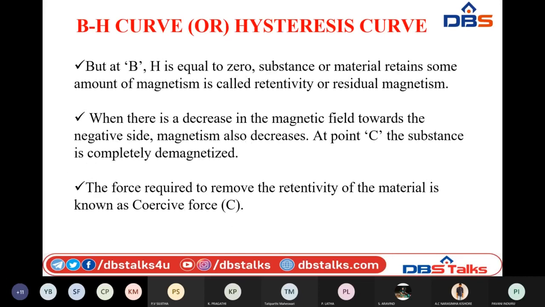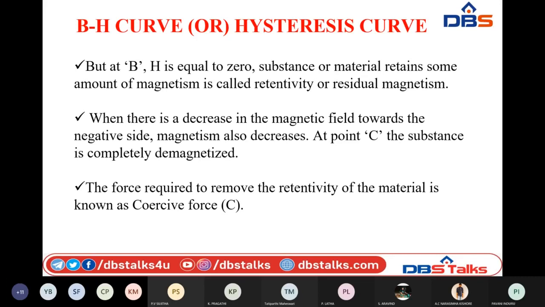Initially, whenever we reduce the magnetizing force, B will not become equal to 0, because the material has the capacity to retain some amount of magnetism though the H value is 0. Though we have removed the magnetic field, this property is nothing but retentivity or residual magnetism.